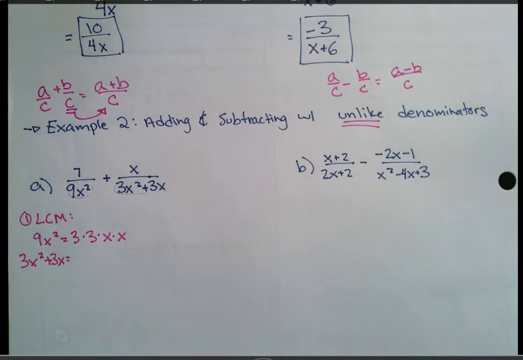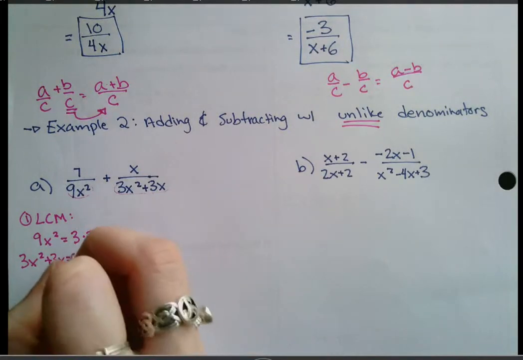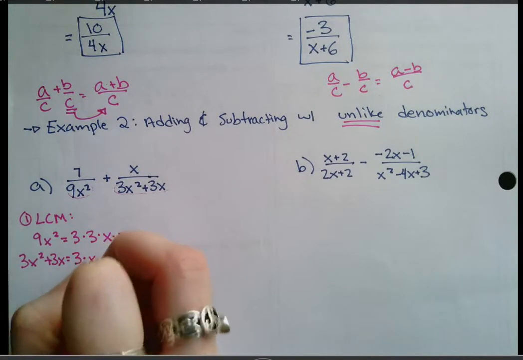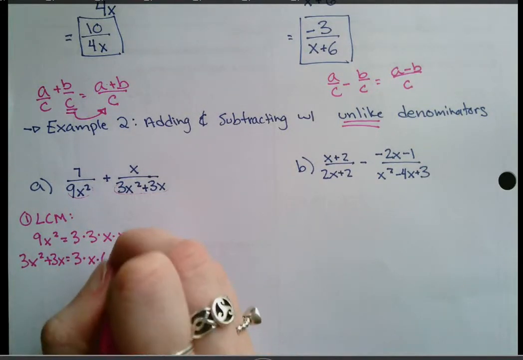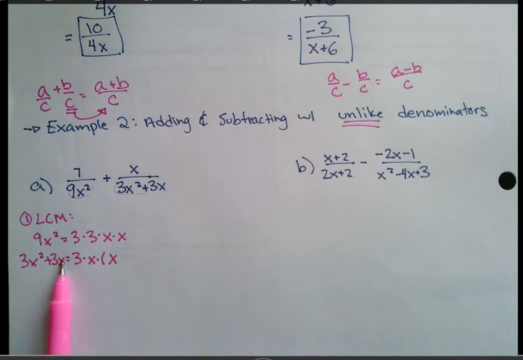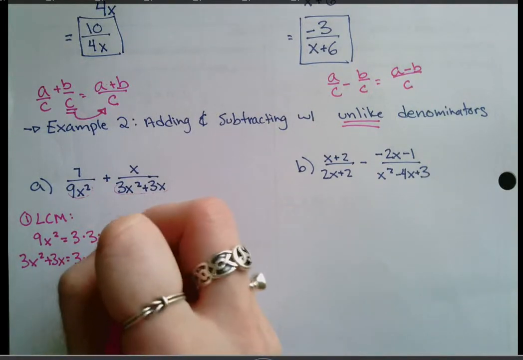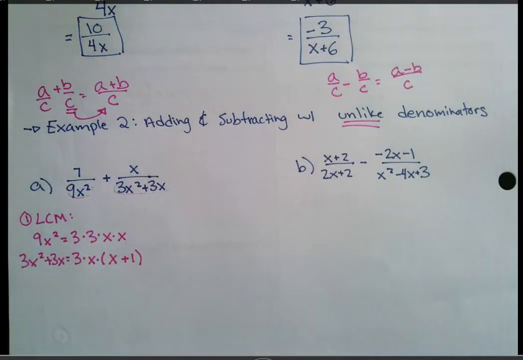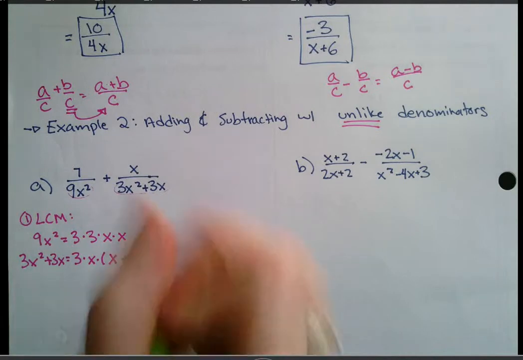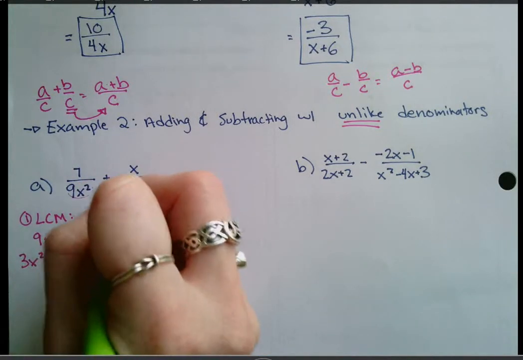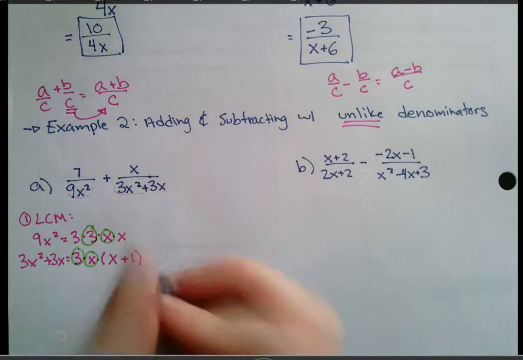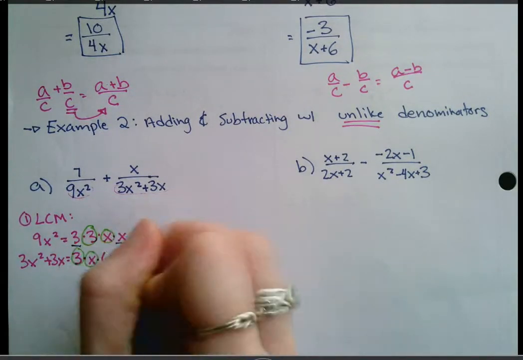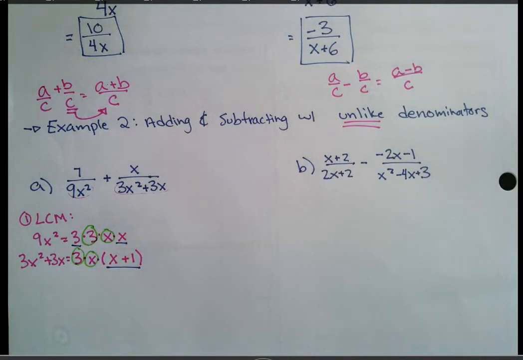I'm going to factor that back out. So it could look like a 3 times x times, well, if I take the 3 out and an x out, that leaves 1 x behind there. And if I take a 3x out of a 3x, well, when I divide that out, that's just a 1. So what I'm noticing here is that I have 1 3 and 1 x in common, but they're missing these 3x up here and this x plus 1 here in common.